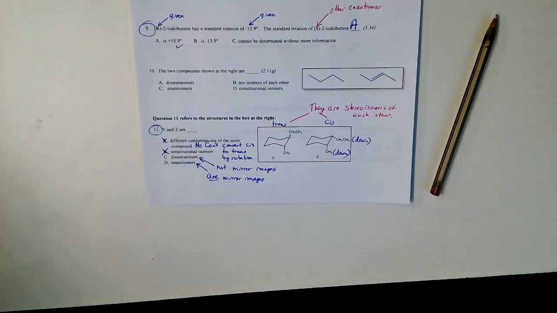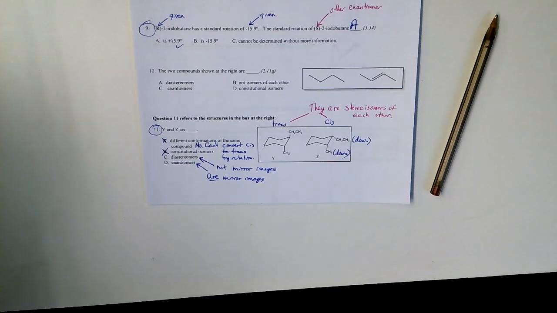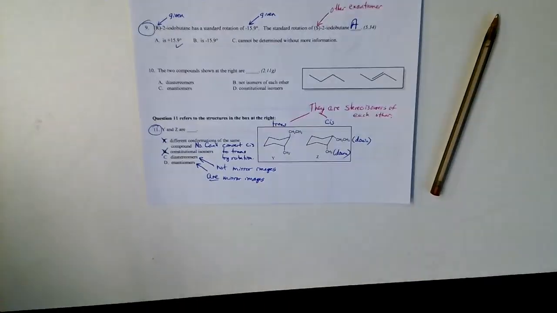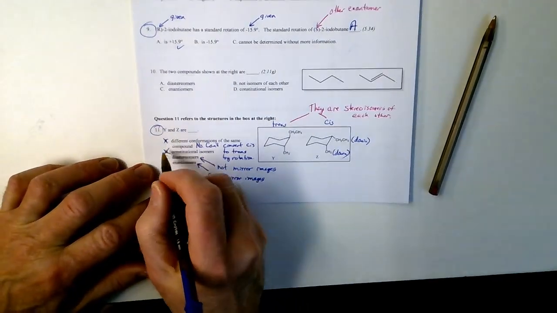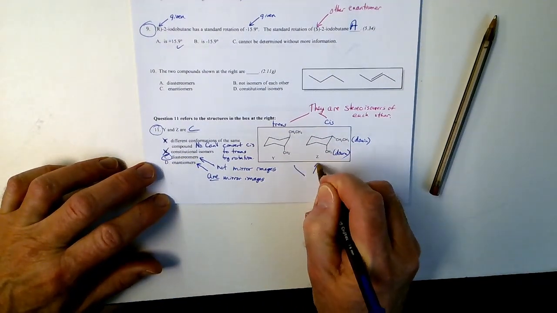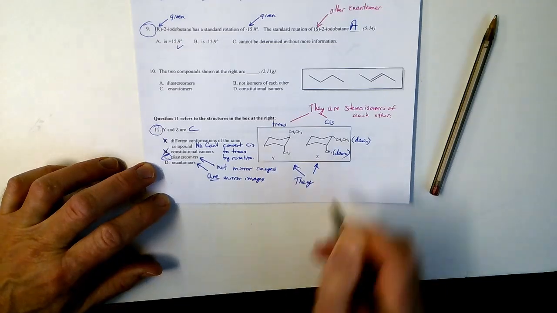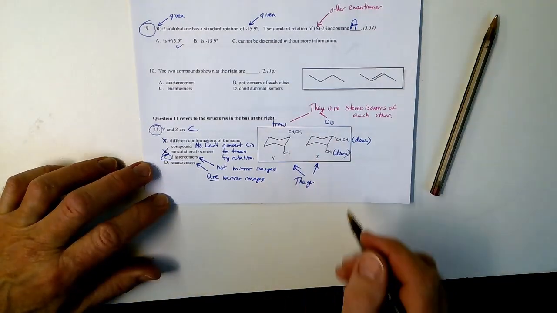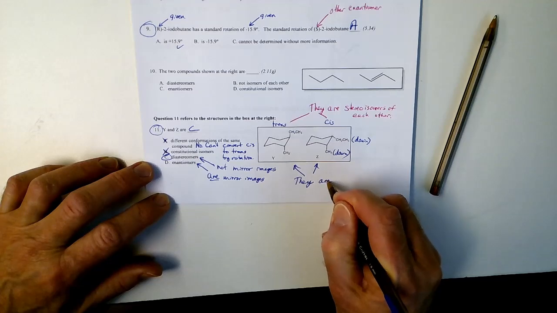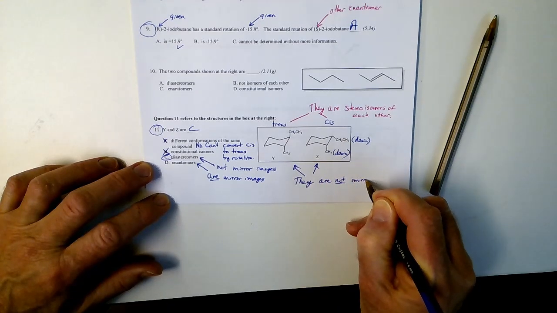So you just eyeball those and you go, are they mirror images, yes or no? What do you think? They're not. So that makes them C. You can tell by just drawing them, or run a mirror plane between them or something. You can tell that they are not mirror images.